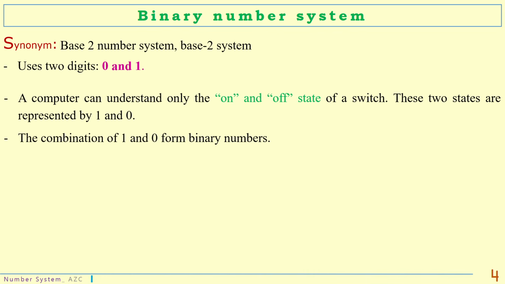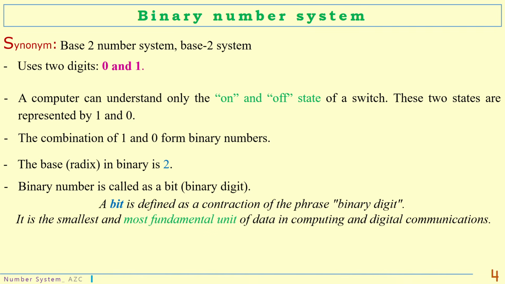A computer can understand only the on and off state of a switch. These two states are represented by 1 and 0. The combination of 1 and 0 form binary numbers. The base or radix in binary is 2.